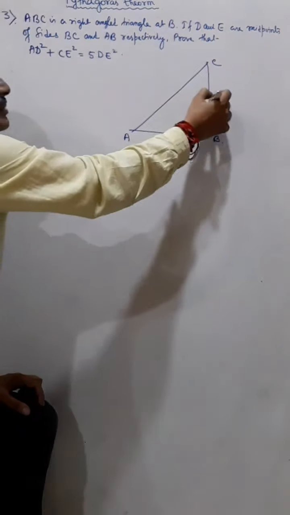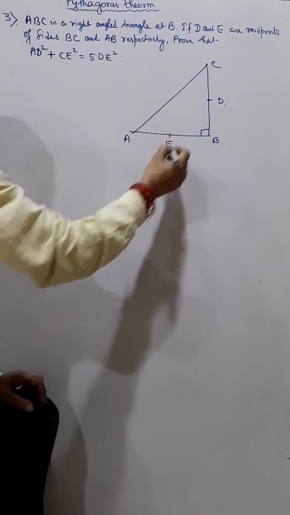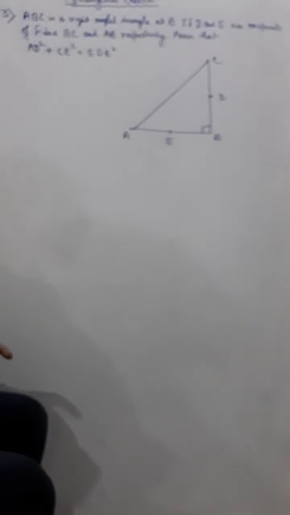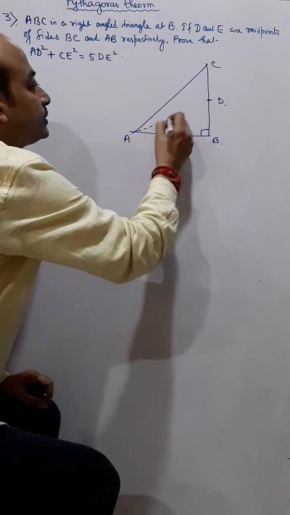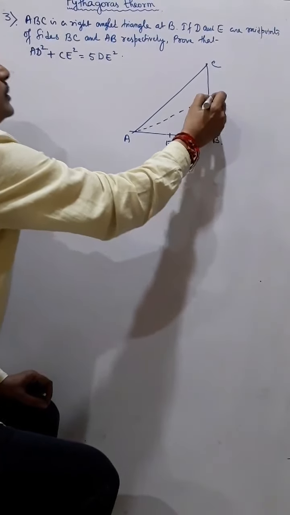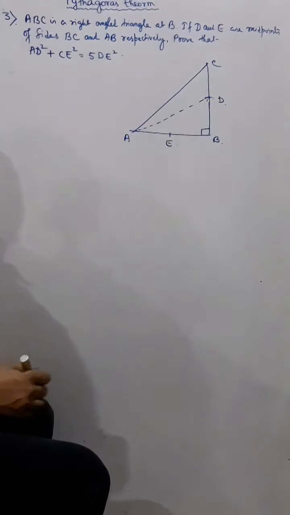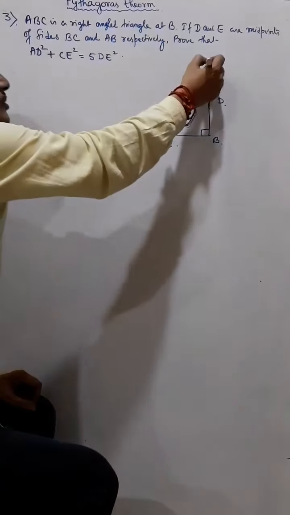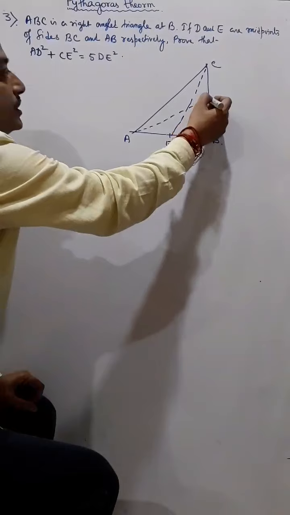So D is the midpoint of BC and E is the midpoint of AB respectively. Now prove that AD square plus CE square is equal to 5 DE square.